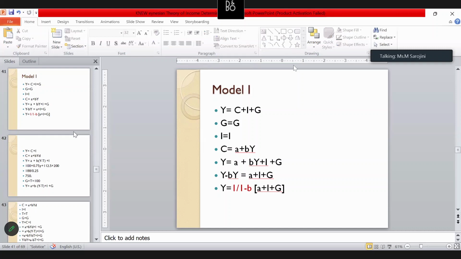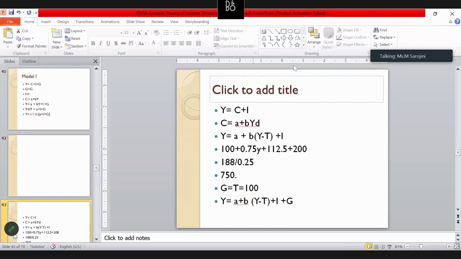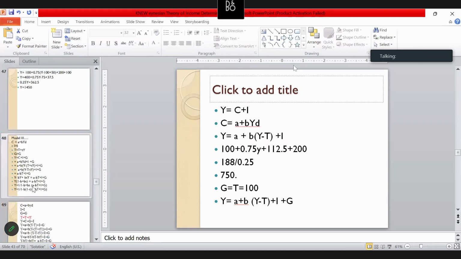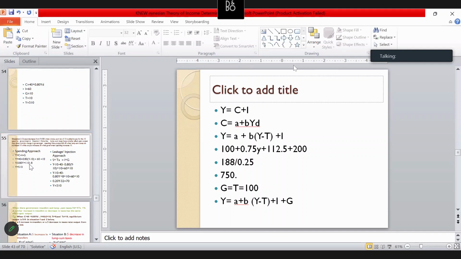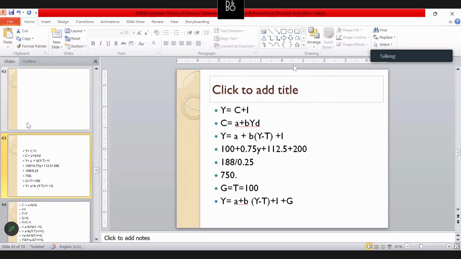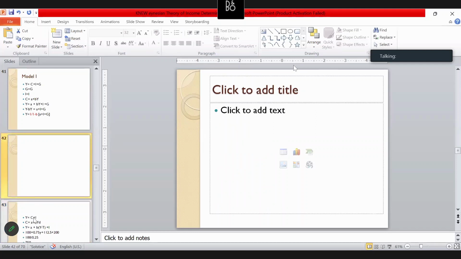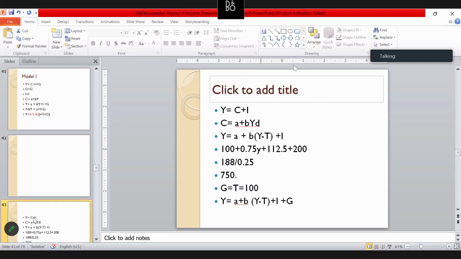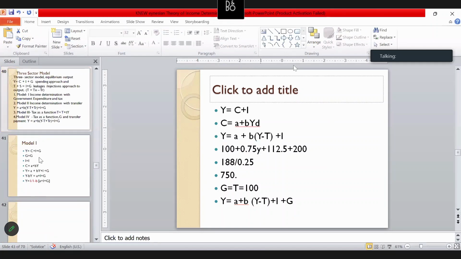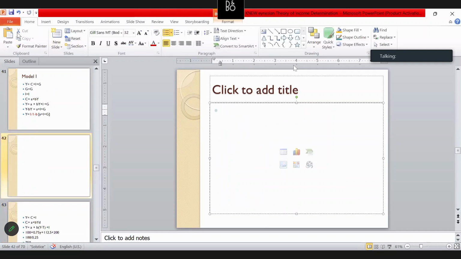Now we can do the numerical example. C is equal to 0.75, I is equal to 100, and G is equal to 50, right?